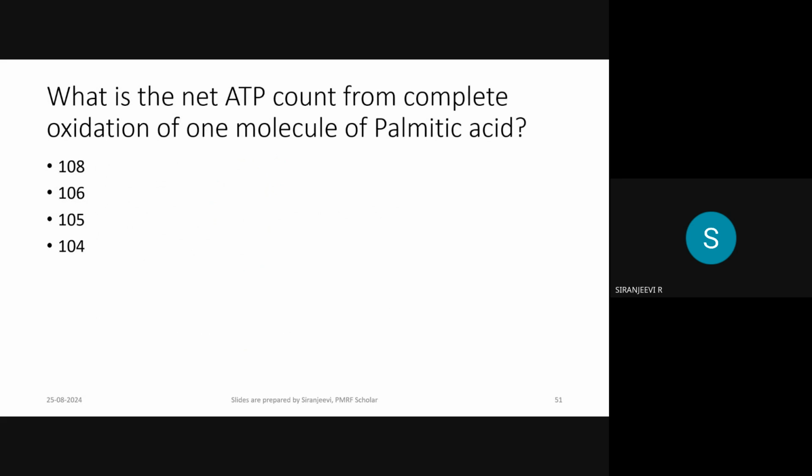And we'll get back to the questions of the day. What is the net ATP count from the complete oxidation of one molecule of palmitic acid? One molecule of palmitic acid, we know, forms 8 acetyl CoA, 7 NADH, and 7 FADH2. 8 acetyl CoA form 80 ATP, 7 NADH form 2.5 each, and FADH2 is 1.5.